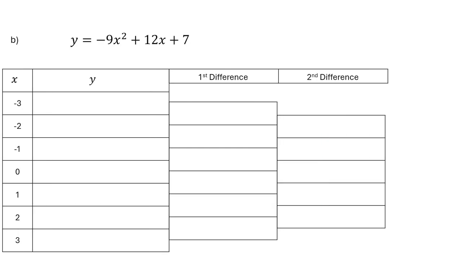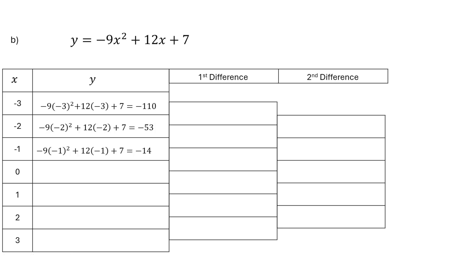Here in this one, once again, we're not given the y values. We're going to have to do a little extra work. We'll have to plug in our x values to figure out what the y values are. After we do that, we get the following y values.